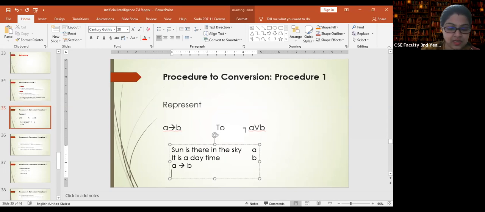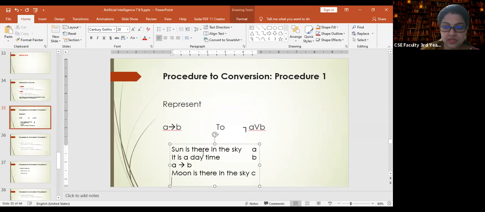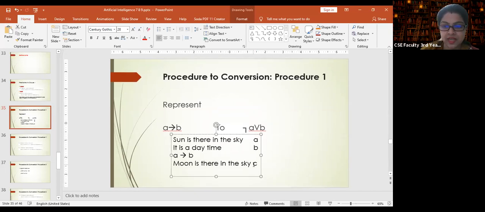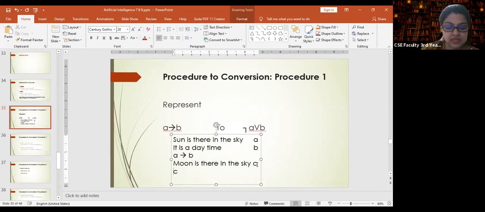Suppose we write moon is there in the sky. Suppose this is considered as C. So in this case, we can write C or B. That means either moon is there in the sky or it is a daytime.